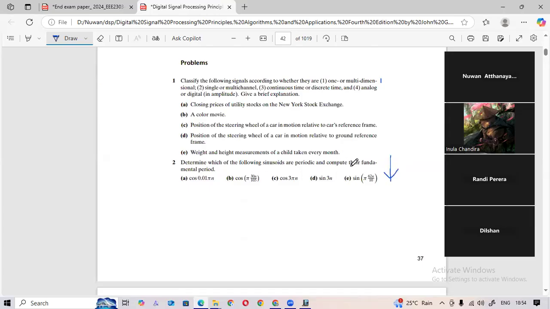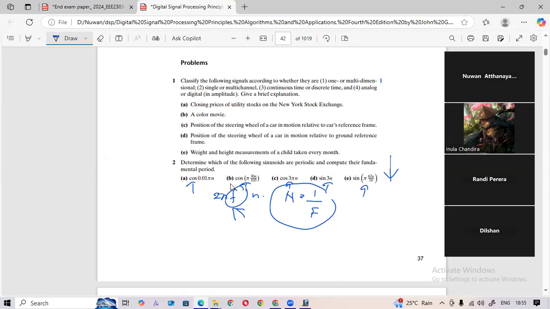You need to compute the fundamental period of this discrete time signal. You know that 2π times the normalized frequency times n, so this f is the normalized frequency. The fundamental period you can get as 1 over f. Using this equation, you can directly calculate these values.